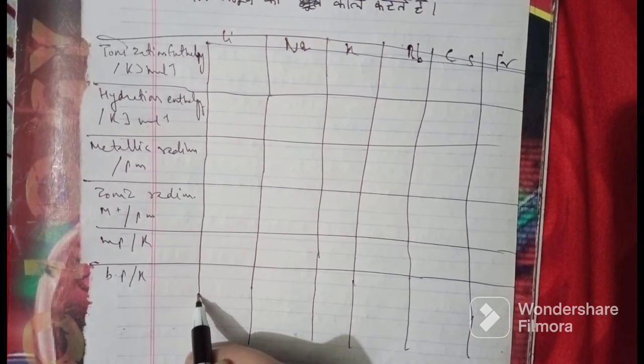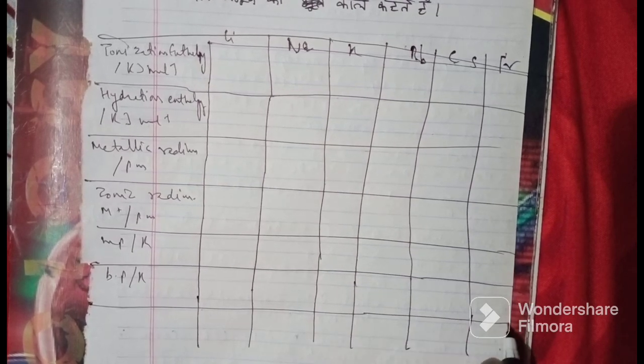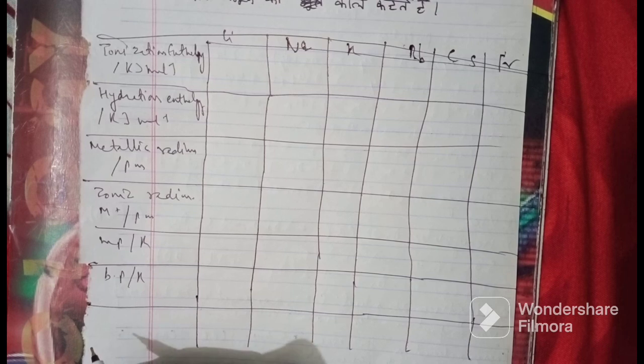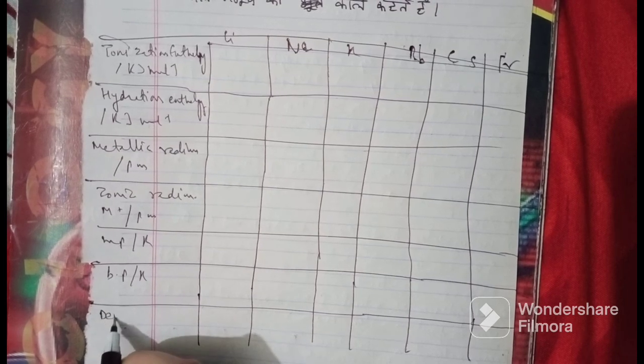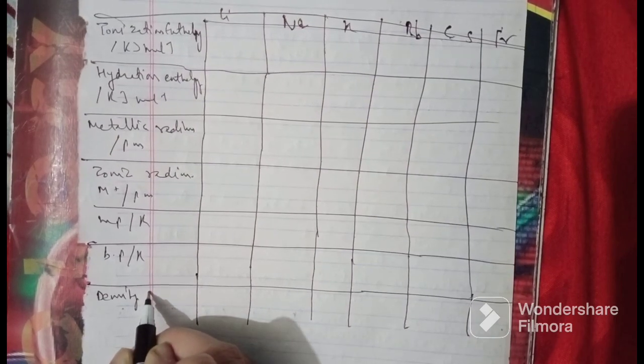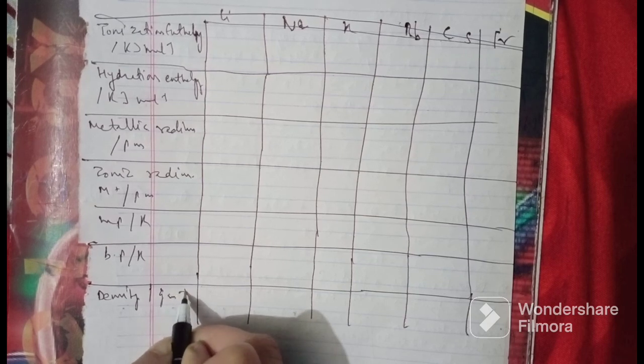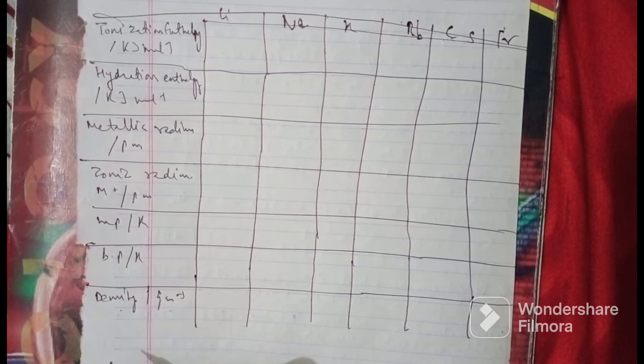Then another one, density, in gram per cubic centimeter.